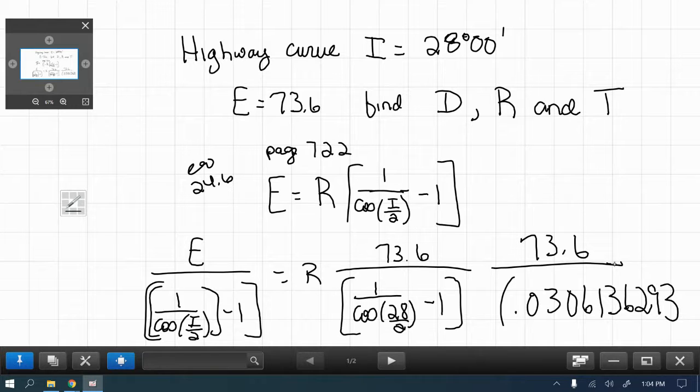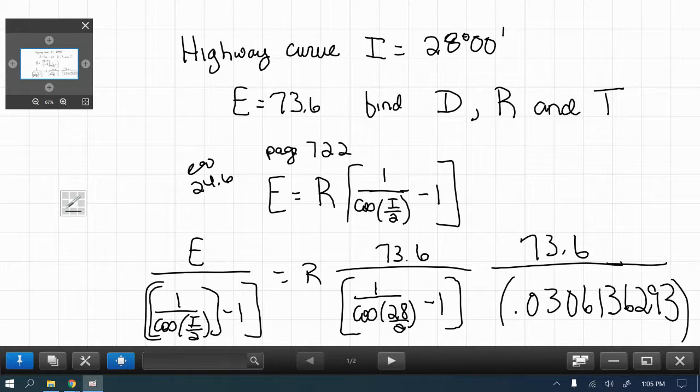I'm just going to leave it all in my calculator. That gives me 2,404.16.